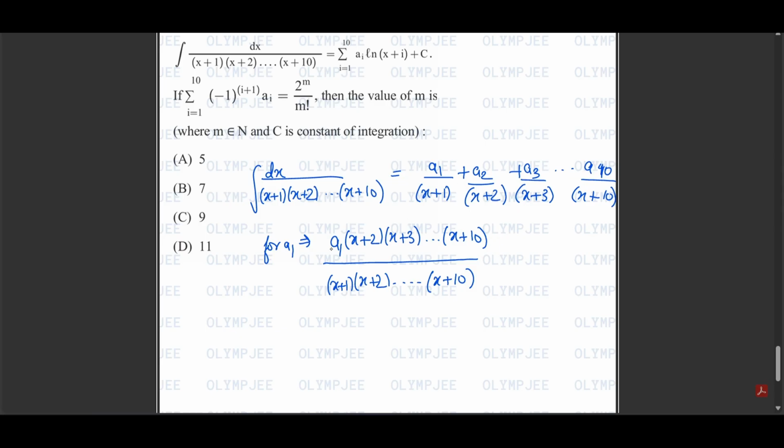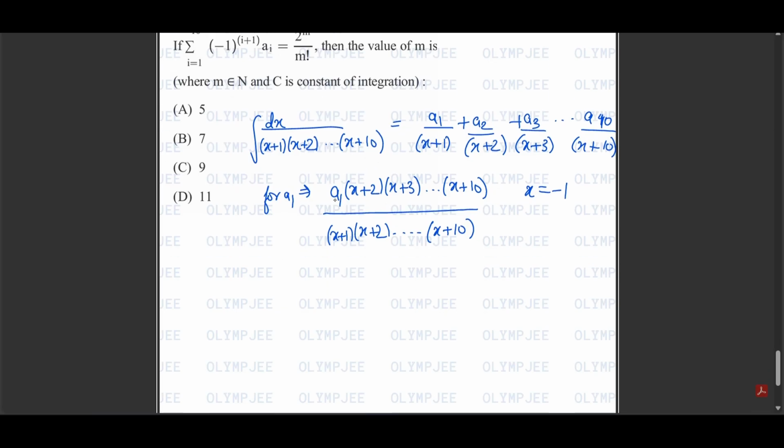So if we put x is equal to minus 1, then all these terms will vanish, right? Because they will be having x plus 1 in the numerator, and on putting minus 1, x plus 1 will become 0, except this a1, because this does not have x plus 1 in the numerator. And this denominator will get cancelled from RHS and LHS.